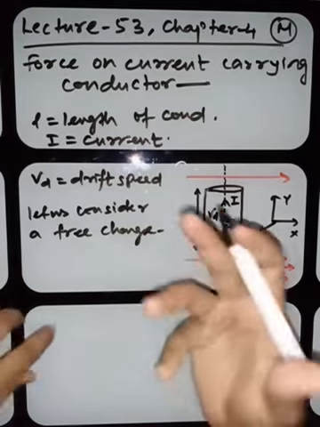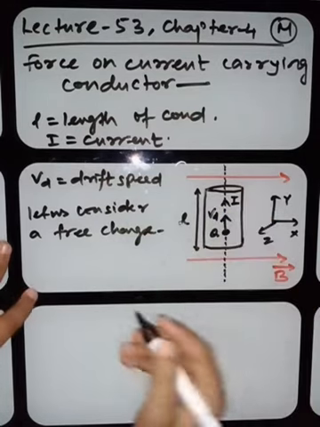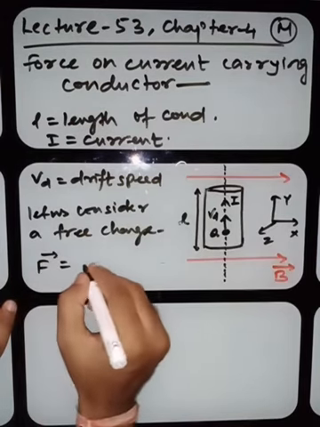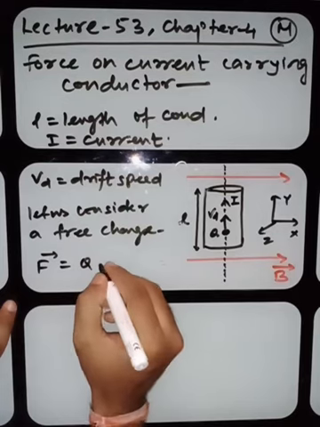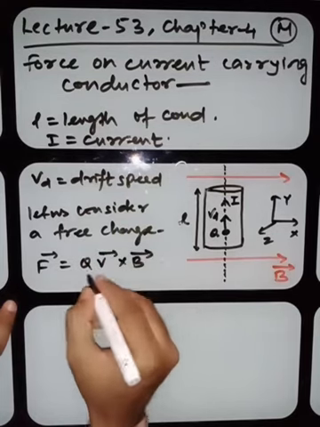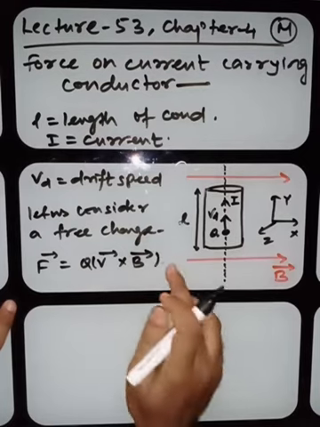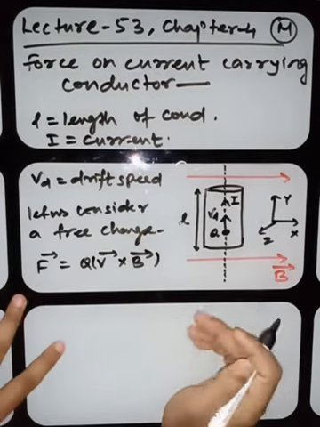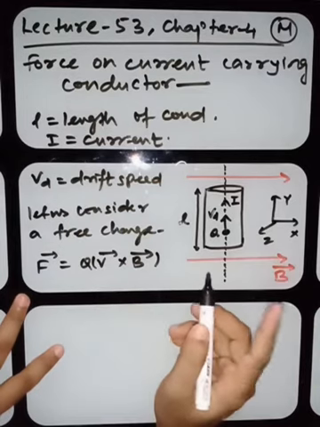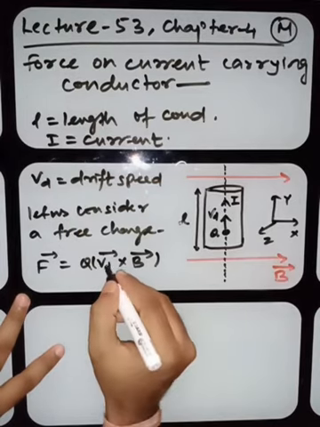If we focus on the free charge inside the conductor, we can write the force as Q V cross B. Yes, we know that. Where V is the drift speed, here we can write Vd.